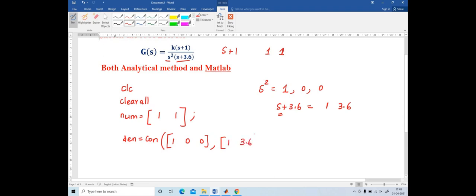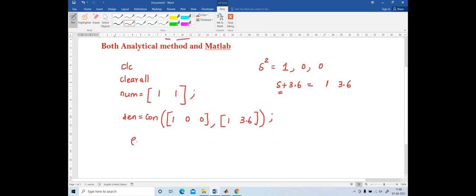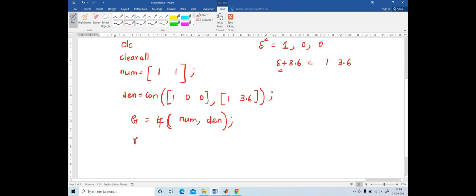So 1, 3.6, close bracket, then put semicolon. Next write g. G means transfer function. G is tf of open bracket num comma den, semicolon. Next the command for root locus is rlocus of g. So this is the program to plot the root locus in MATLAB.